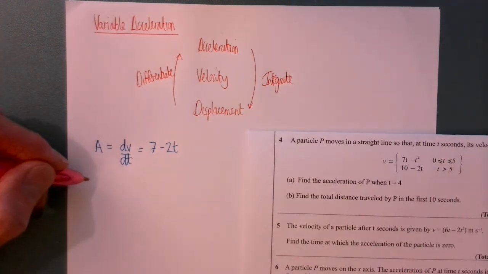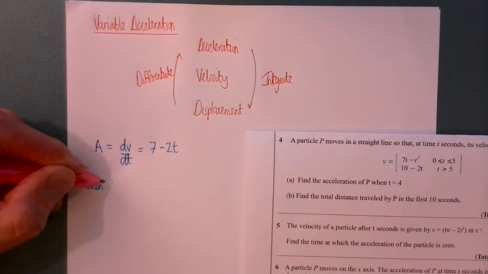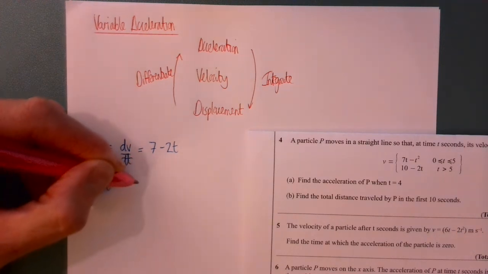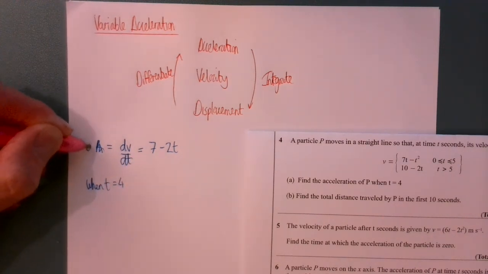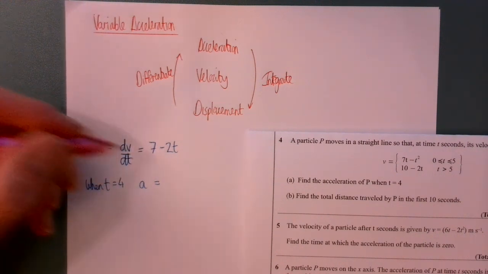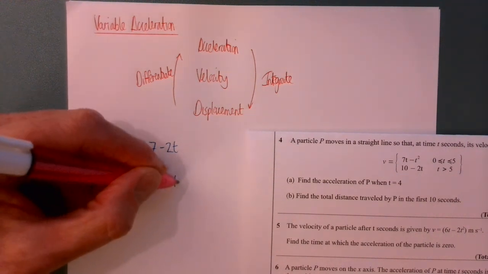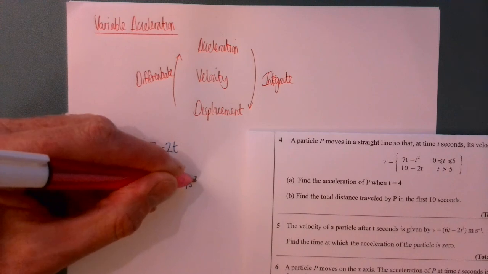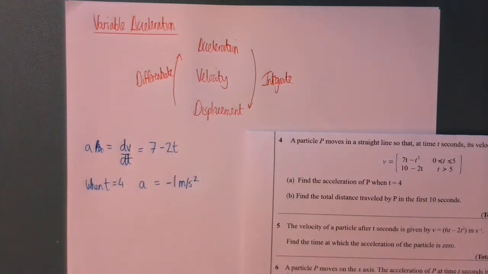When t is 4, that becomes, I really should use little a, that's what we tend to use, 7 minus 8, so that's a deceleration of 1 metre per second squared, or an acceleration of minus 1 metre per second squared.